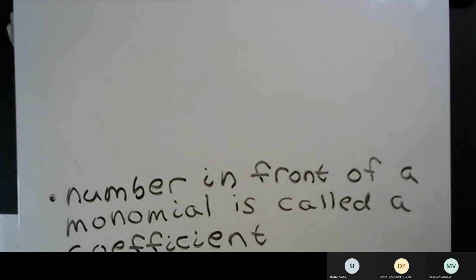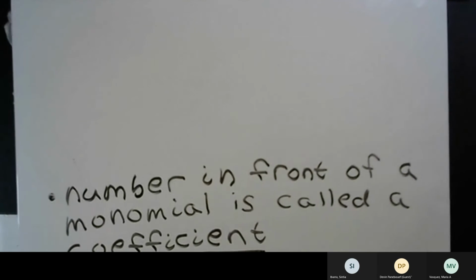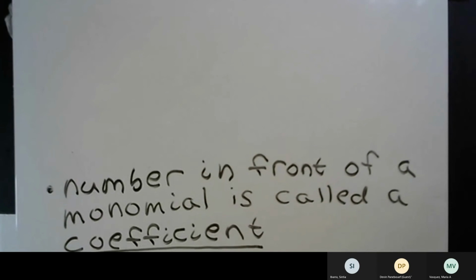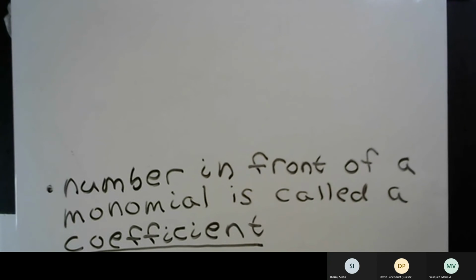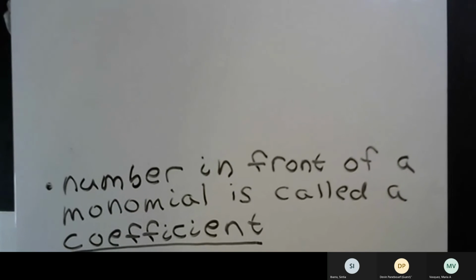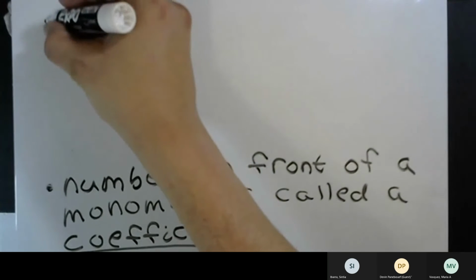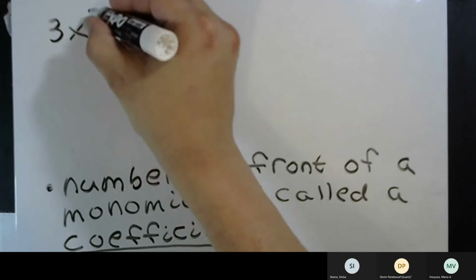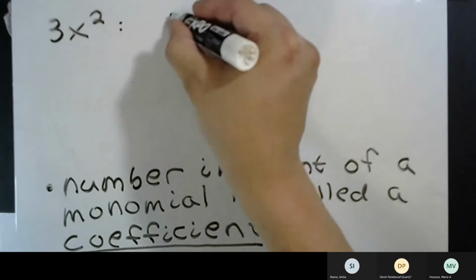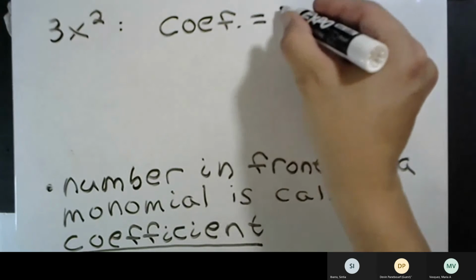So the number that goes in front is a coefficient. So for example, if we take 3x squared, the coefficient, I'm going to abbreviate coefficient, is going to be 3.